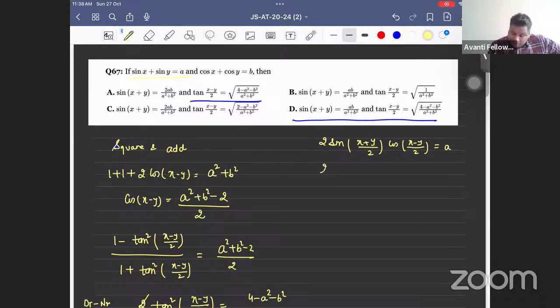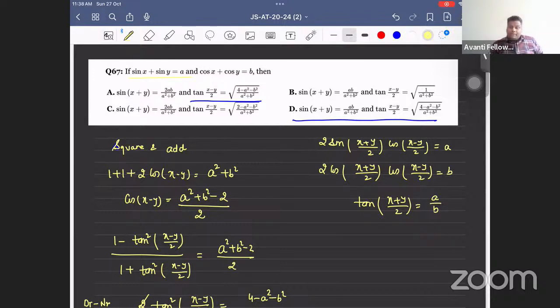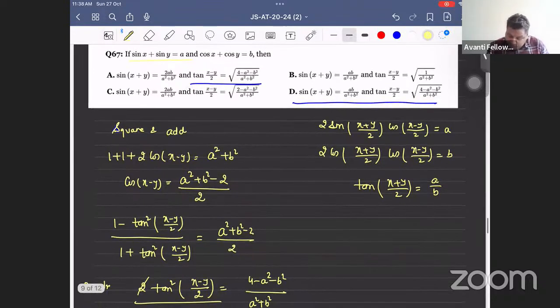In the second equation, 2 cos (x plus y) by 2 into cos (x minus y) by 2 is equal to b. If I divide both of them, I get tan of (x plus y) by 2 as a upon b. Got it? Now, what do you want?